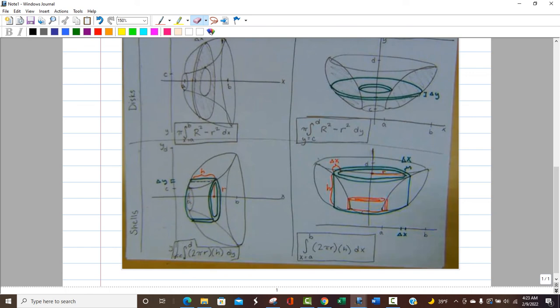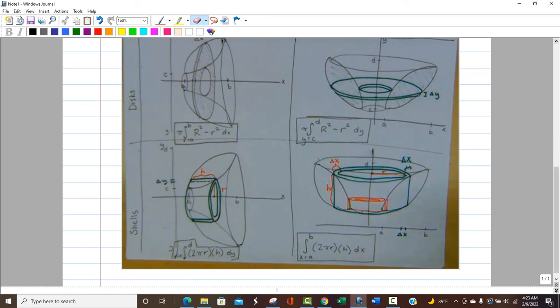The r is what this book defined as p of y, or p of x for the other one, the circumference. But that's what that r is representing. That's what we called p, that radius. And there's your h, the height of it. Picture it from the other sideways angle, that's your h. And it's going from c to d, the vertical limits of integration.